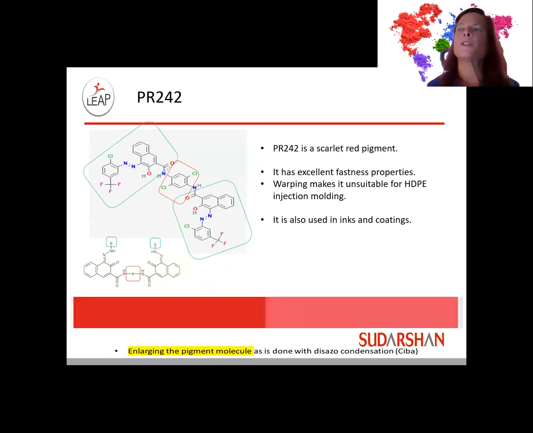Red 242 is the next one we'll go through. It is a scarlet red pigment with excellent fastness properties. However, it does have a negative warping issue that makes it unsuitable for high density polyethylene injection molding applications. So primarily it's being used in inks and coatings applications.